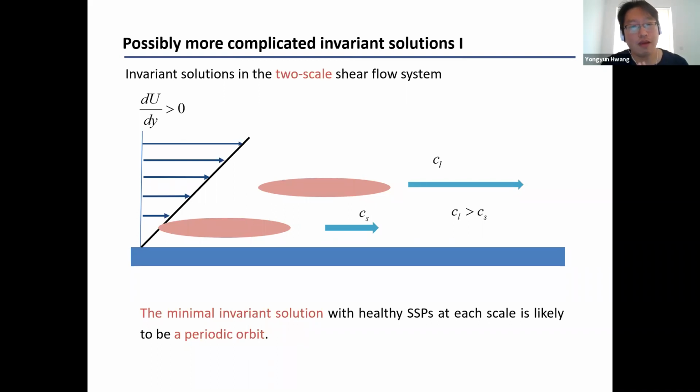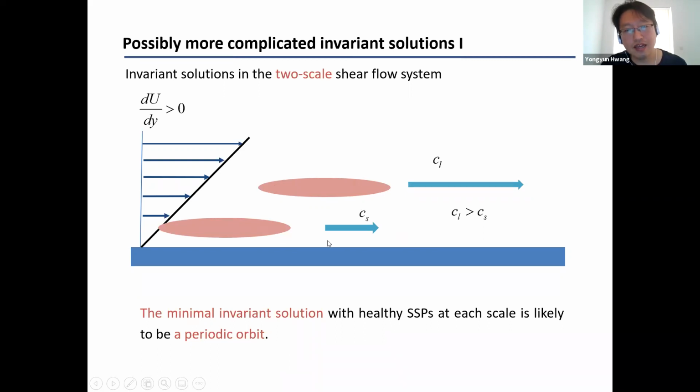Remember we are in shear flow, and consider a small scale traveling wave solution, which is like one exact coherent state at small scale, and you have a large scale state. Because of the difference between the mean velocity for the small scale and large scale, what is generally expected is that the large scale state moves faster than the small scale state.